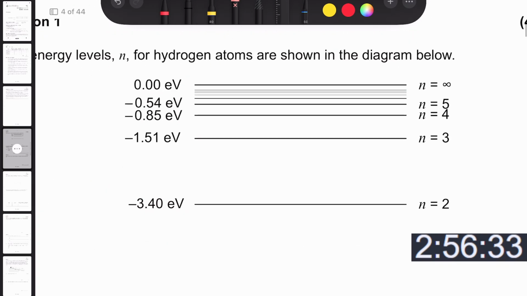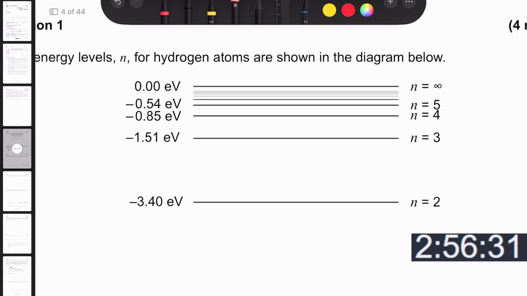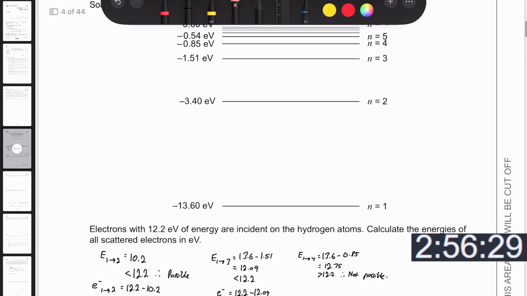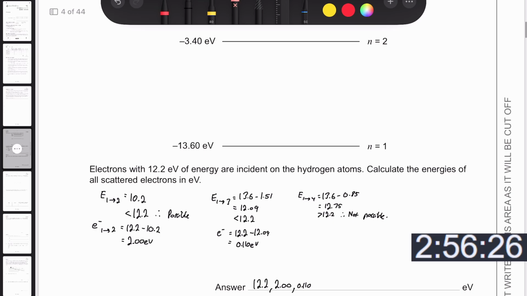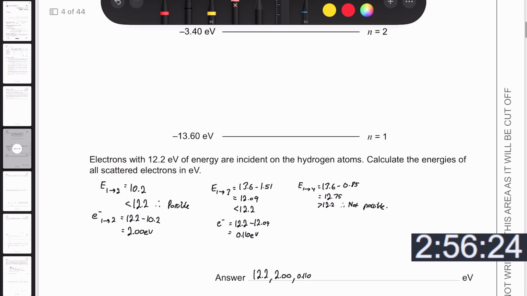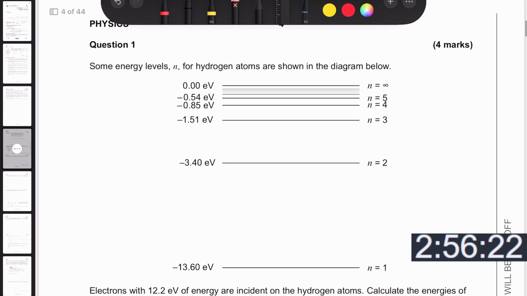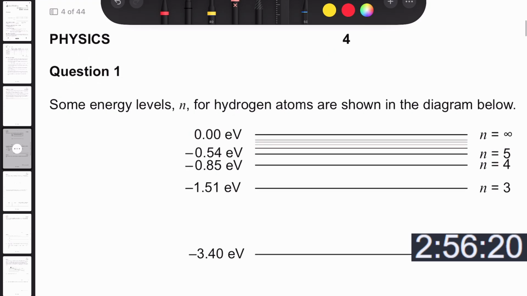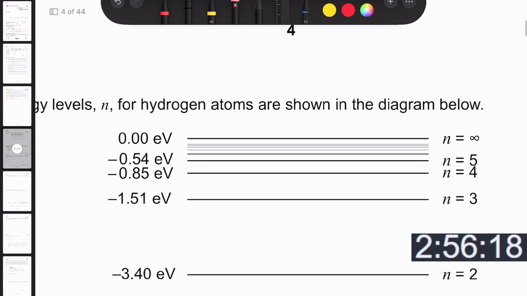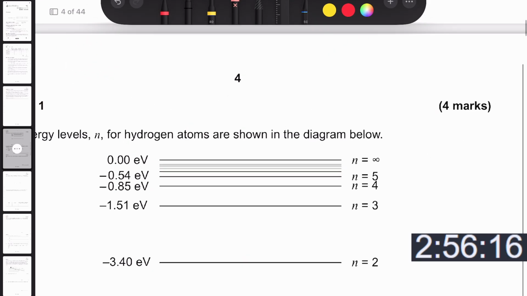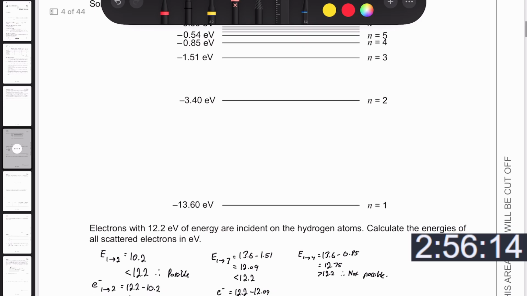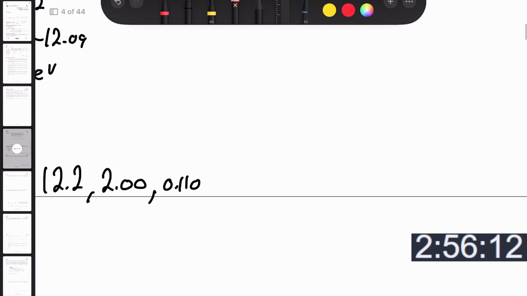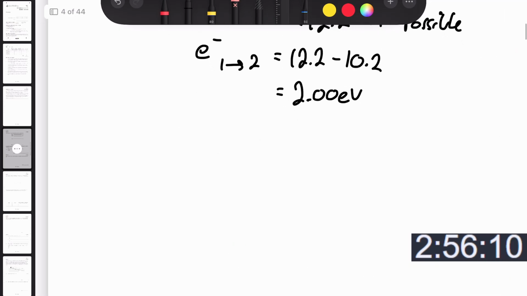But then I can go from N2 to all of them, N3 to all of them. No, they can't expect me to do all of that. Okay, let's see, E2 to 3.